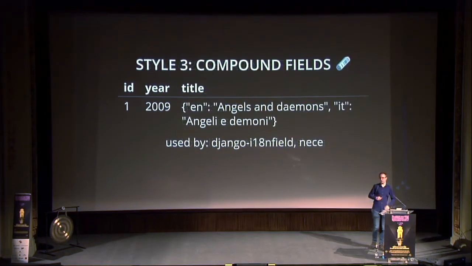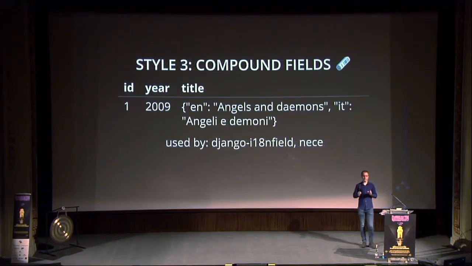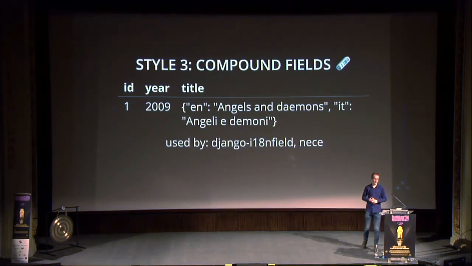And the third style that we see is to have a compound field that stores the data for all languages in one single column. This is the least clean in terms of database design, but it makes a lot of things easier on the Python side. In Django I18N field, there's just JSON data stored into a text field, and in the niche case, it's a PostgreSQL JSONB field.